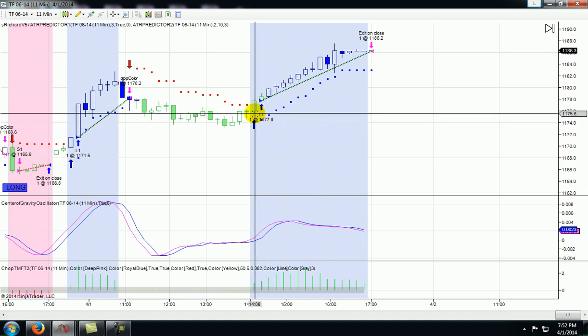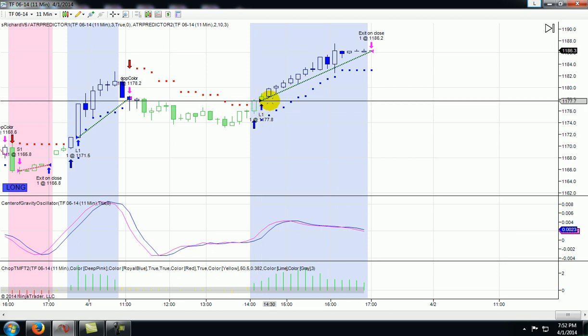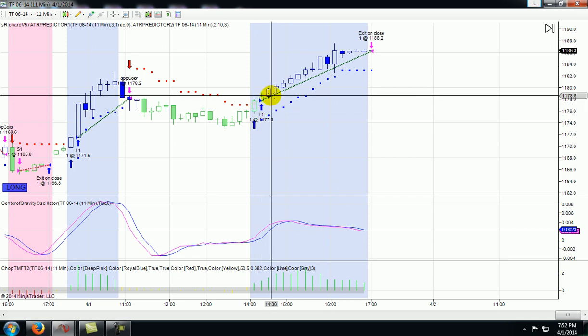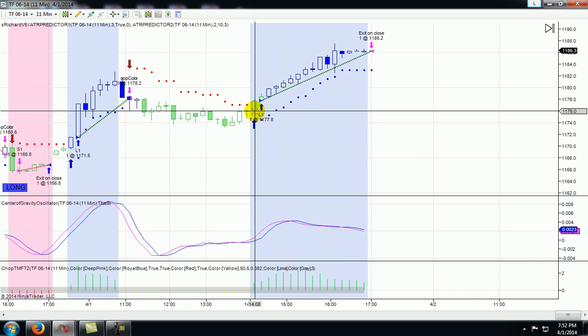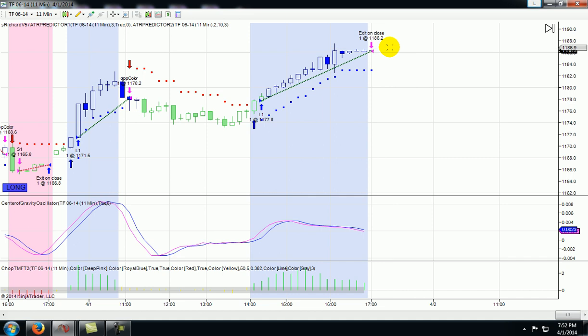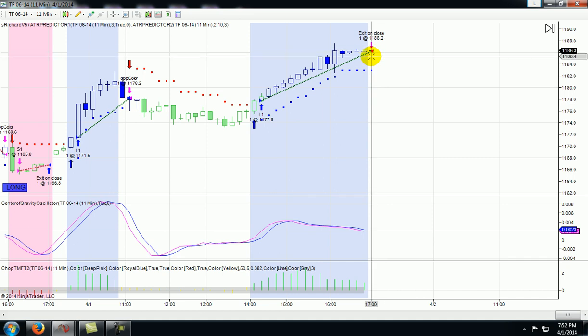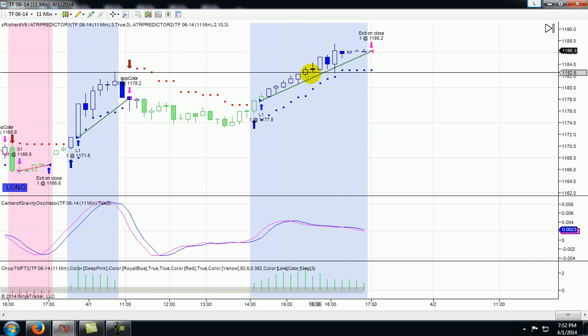It just would have picked up 1175.9 to, let's see, what is that, 1177, maybe 150 bucks more. Here we are at the end of the day, they both would have closed.